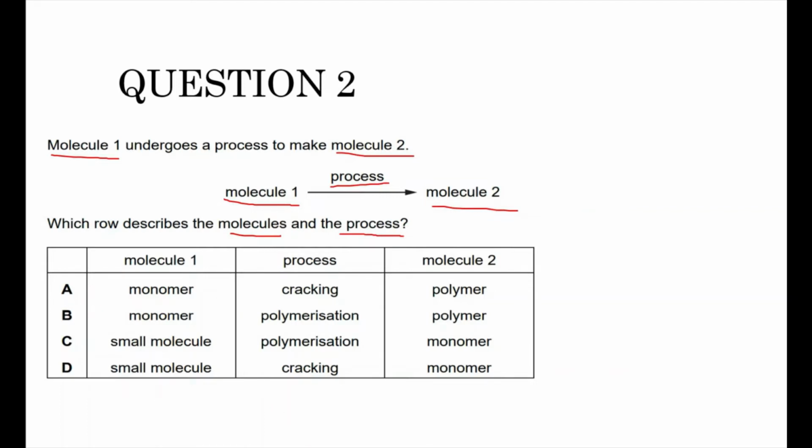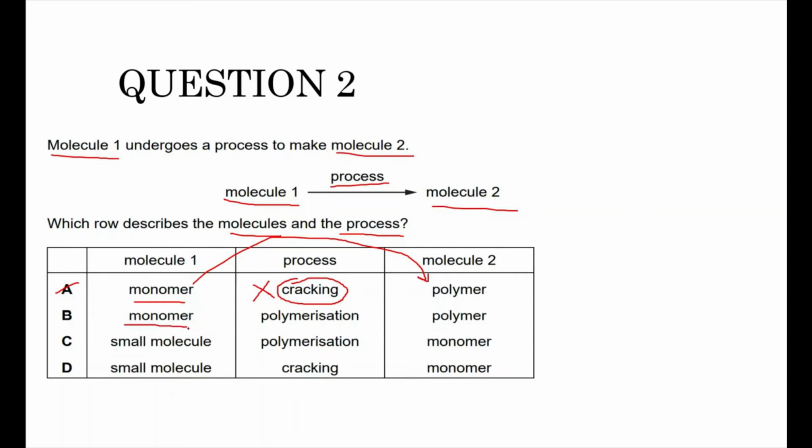Option A says a monomer, the process is cracking and molecule 2 is polymer. No, that's not the right answer, because a monomer is made into a polymer by a process known as polymerization, right? So here the process is not correct. So A is gone.